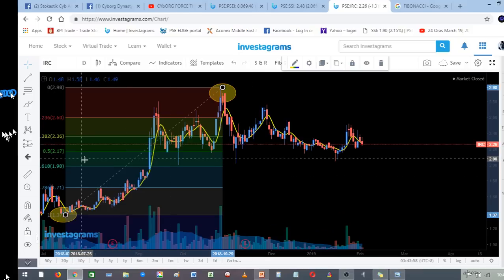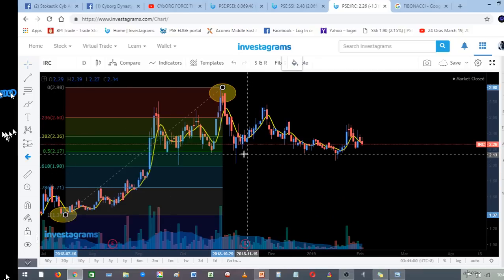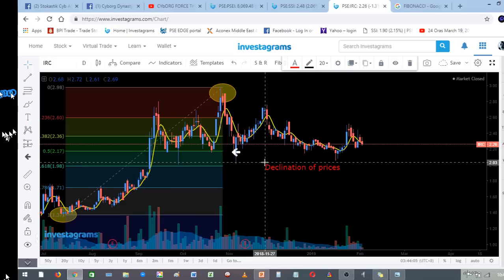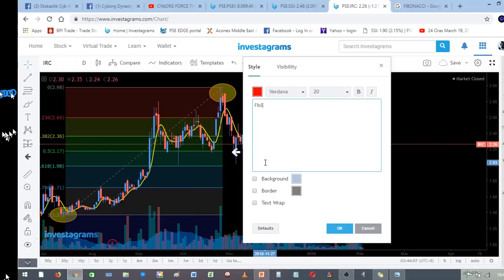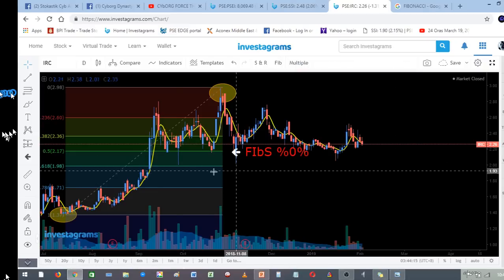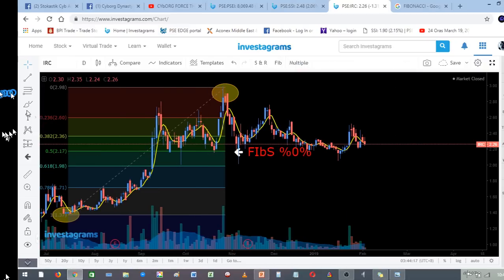So let's identify whether the price went to the Fibs level. Fibs 50%. So this is now your prices.